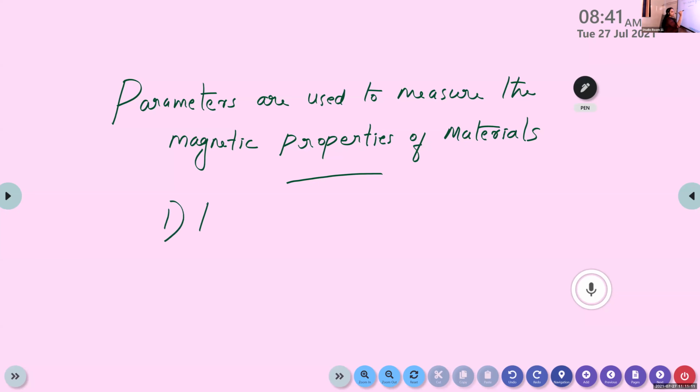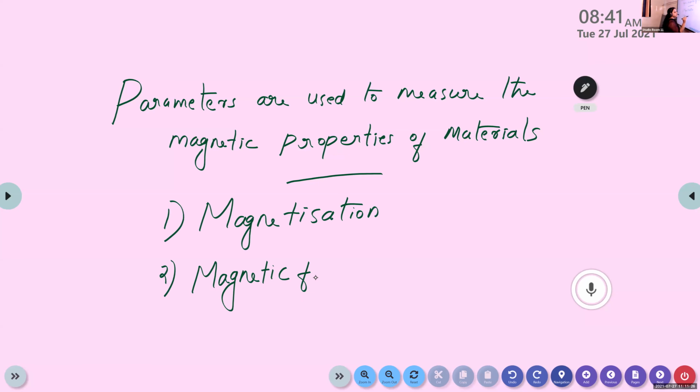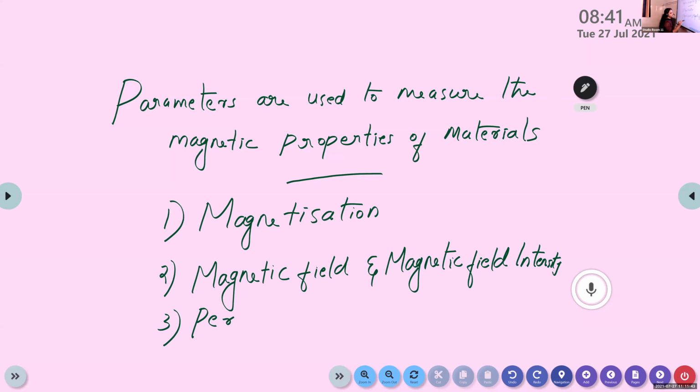They are magnetization, second one, magnetic field and magnetic field intensity, third one, permeability, and the last one, susceptibility.